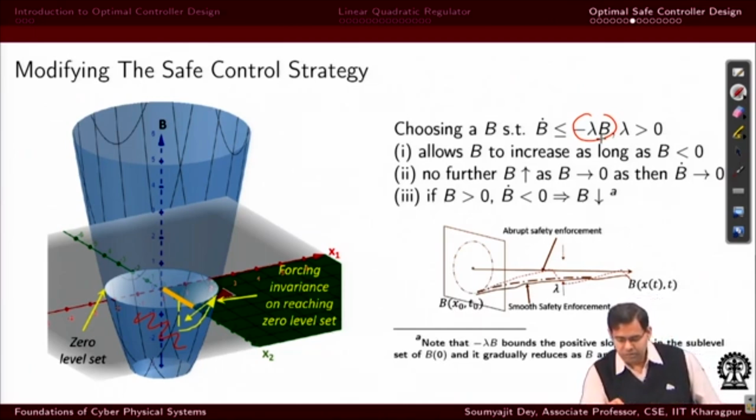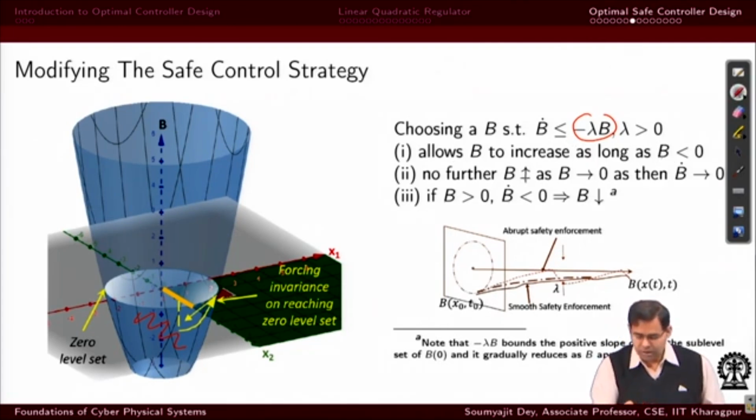The moment I reach b equal to 0, b dot is forced to be less than or equal to 0. So, in summary, I am allowing b to increase as long as b is negative, but as b approaches 0, b dot also approaches 0. That means once I approach this boundary, I am not allowing b to increase, and if somehow I cross this boundary, again this derivative will be negative, so b will decrease.